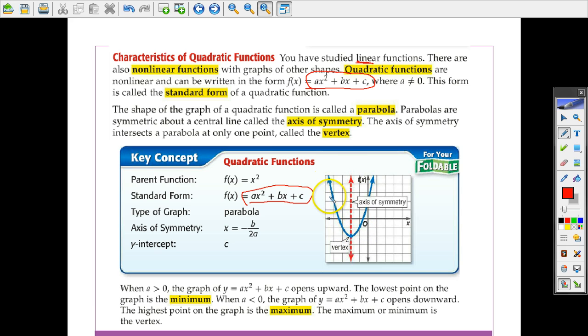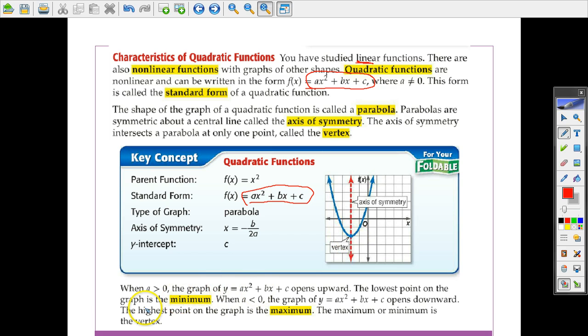And that means it's exactly the same if you cut it in half, this half is the same as the other half. Okay, symmetric. And that red line that goes through the middle, that cuts it in half, is called the axis of symmetry. Now, the axis of symmetry intersects a parabola at only one point called the vertex. So here's the vertex right there.